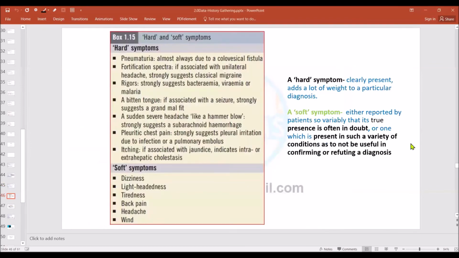But overall, doctor, a little generic discussion. In any disease, there would have hard symptom, there would have soft symptom to reach a diagnosis. So if you say that fever is hard symptom of the enteric fever, no, because fever is a non-specific feature.